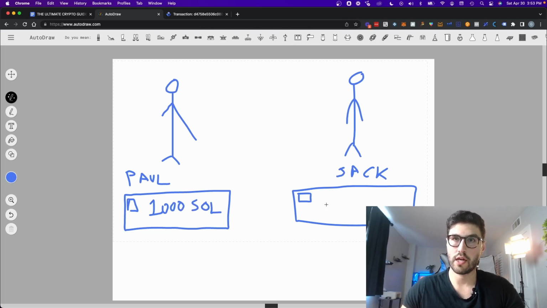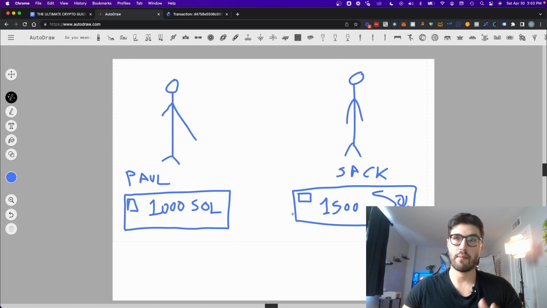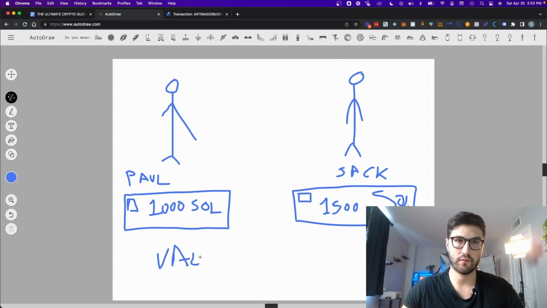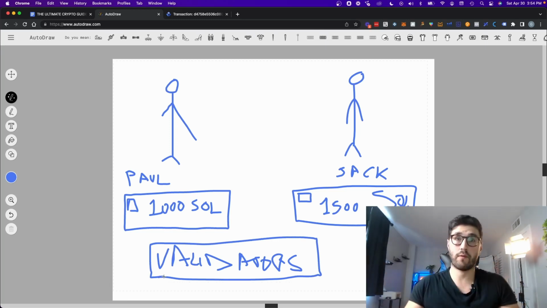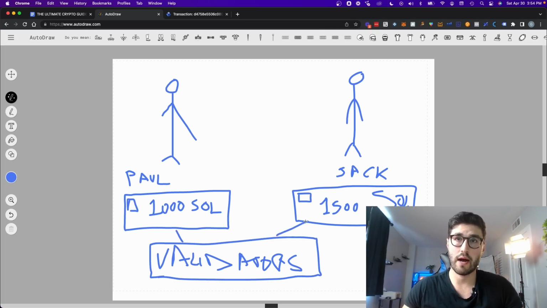And Jack right here has 1,500 Solanas in his wallet, and they are both holding this amount of coins in order to become validators, okay? Because different blockchains require you to hodl, to hold in your portfolio certain amounts of coins and stake them in order to become a validator, okay?